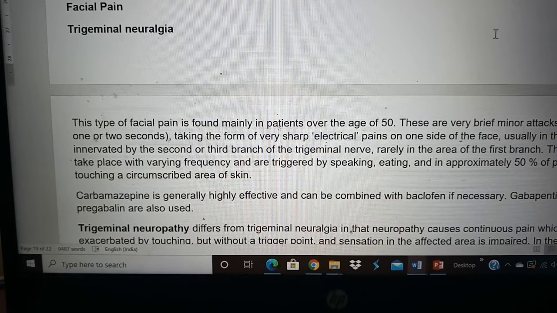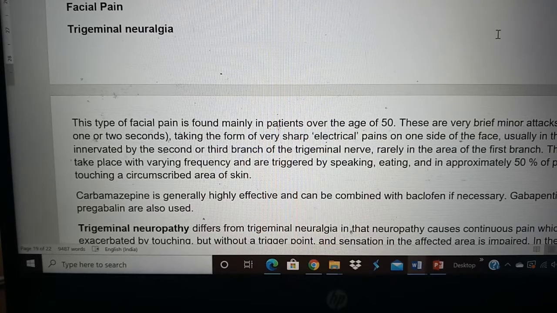Here the person will have sharp pain, usually on one side of the face. Sometimes it can occur on both sides as well. This kind of pain occurs when a person is speaking or eating, and when they touch a particular part of the face, for example near the nose or any other place.